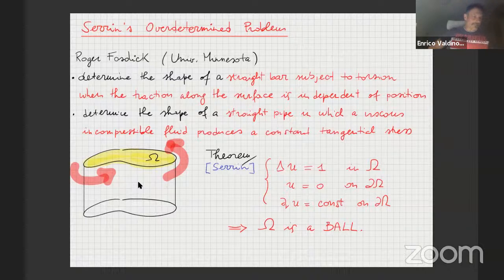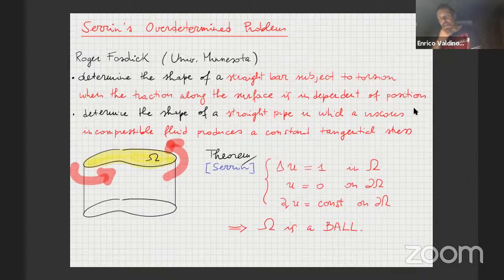I think that Serrin's problem is beautiful for several reasons. One of the reasons for which I think it's an incredible theorem is that it's a theorem from real life. There was this professor in engineering, Roger Fosdick at the University of Minnesota, who was a colleague in the same university, though I think a different department, of Jim Serrin.